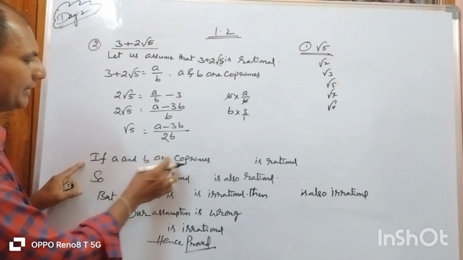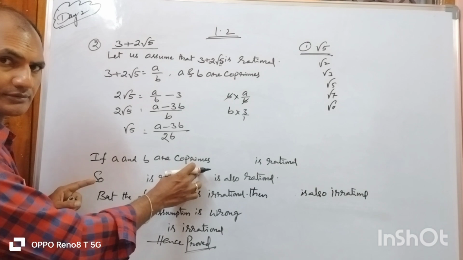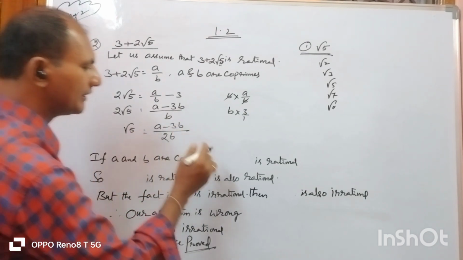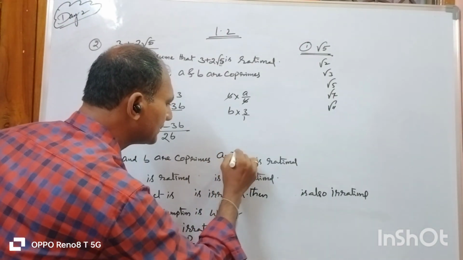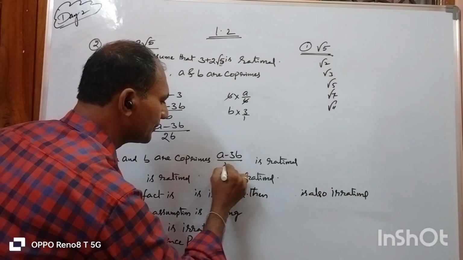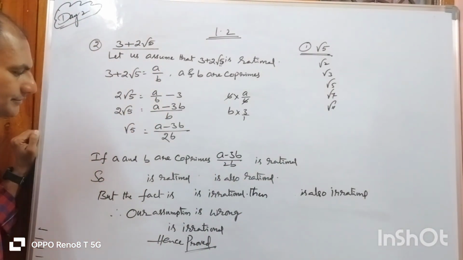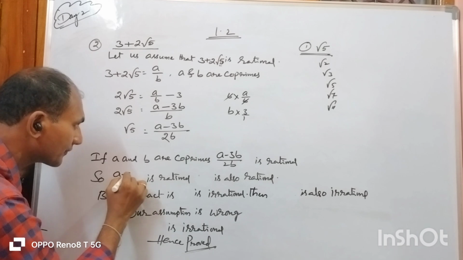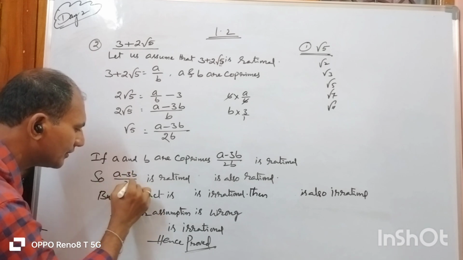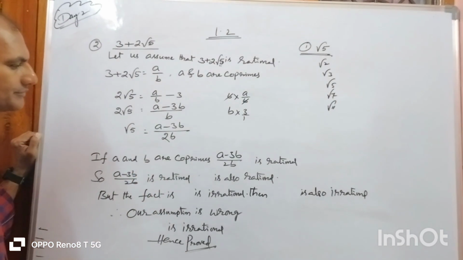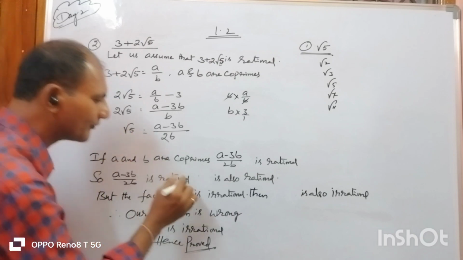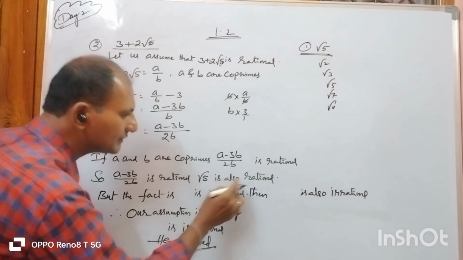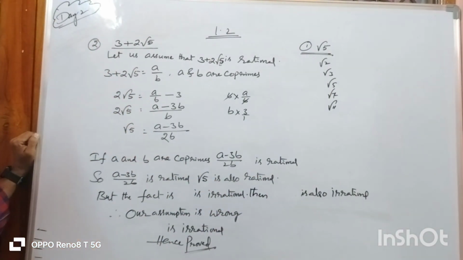If a and b are coprimes, then a minus 3b by 2b is rational. So a minus 3b by 2b is rational, and root 5 is also rational.